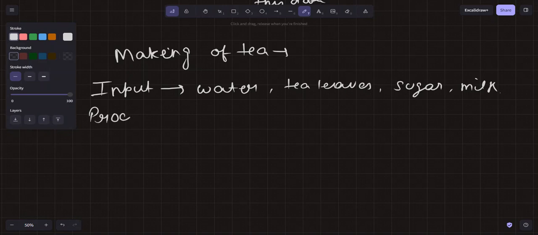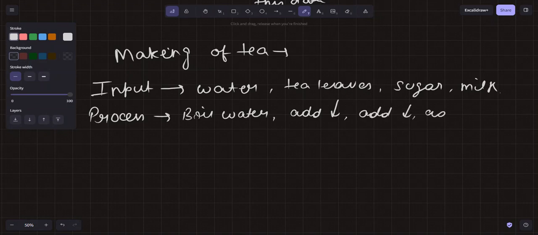Second one is process. What is the process of making a tea? First we have to boil water. After that, add tea leaves, then add sugar after some time, then add milk, and just wait for 5 minutes.